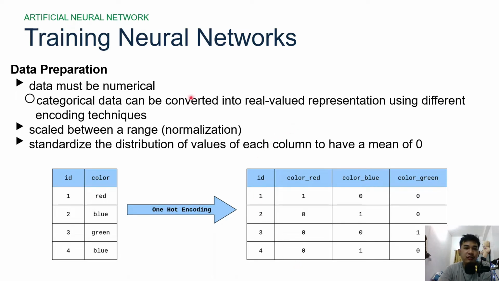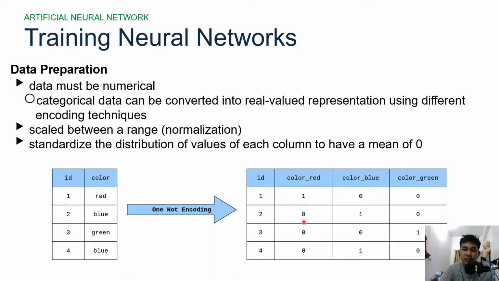Okay, training neural networks. So, of course, we have the data preparation. The data must be numerical, no? Categorical data can be converted into real valued representation using different encoding techniques. Like say for example, color red is 1, color blue is 2, color green is 3. Or it could be like separate mo siya into different columns, and then if it's color red, put it 1.